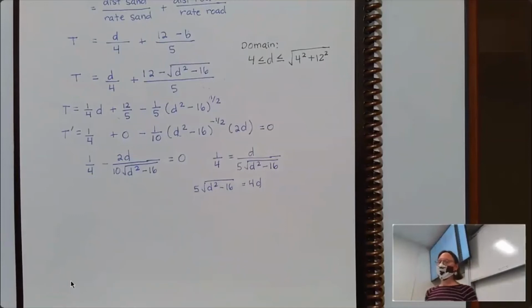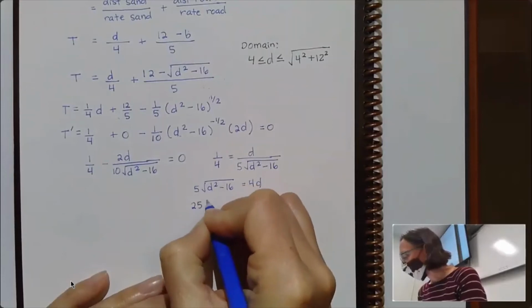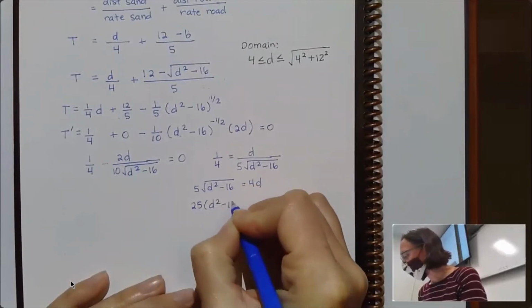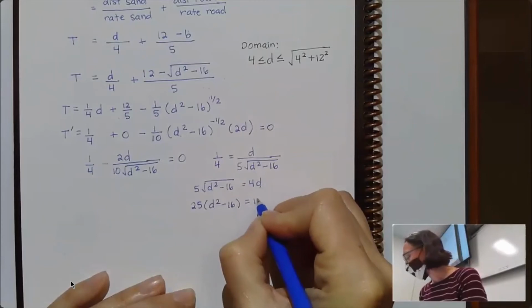Grant wrote this problem and I'm really crossing my fingers right now that it works out nicely. So if I were going to solve that, I'm going to square both sides to get rid of that square root. So I would have 25 times d squared minus 16 is equal to 16d squared.